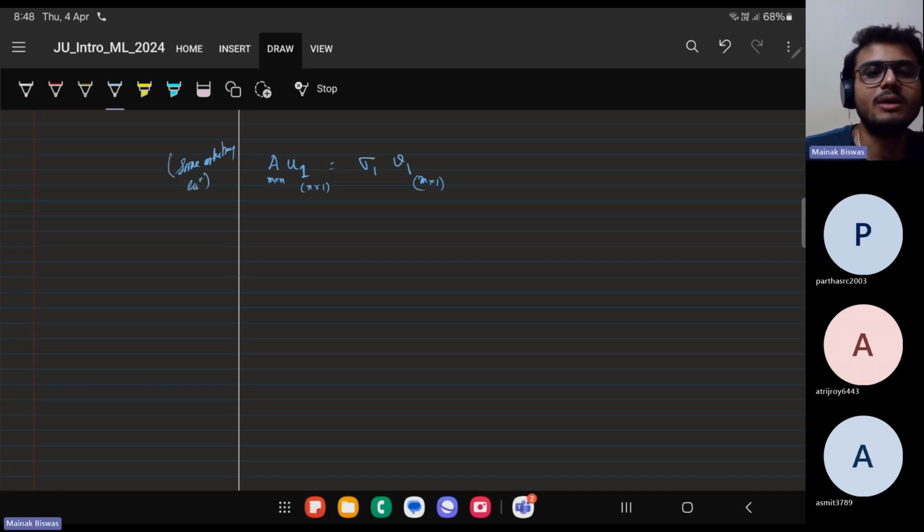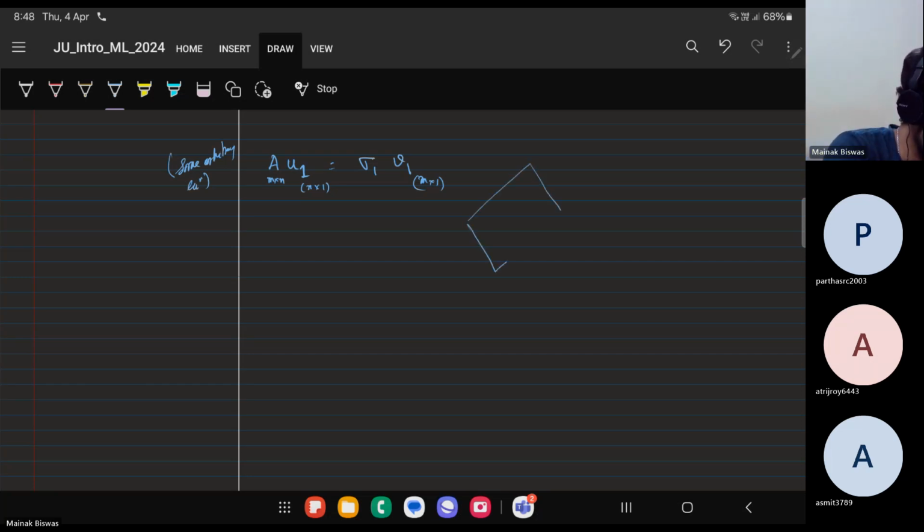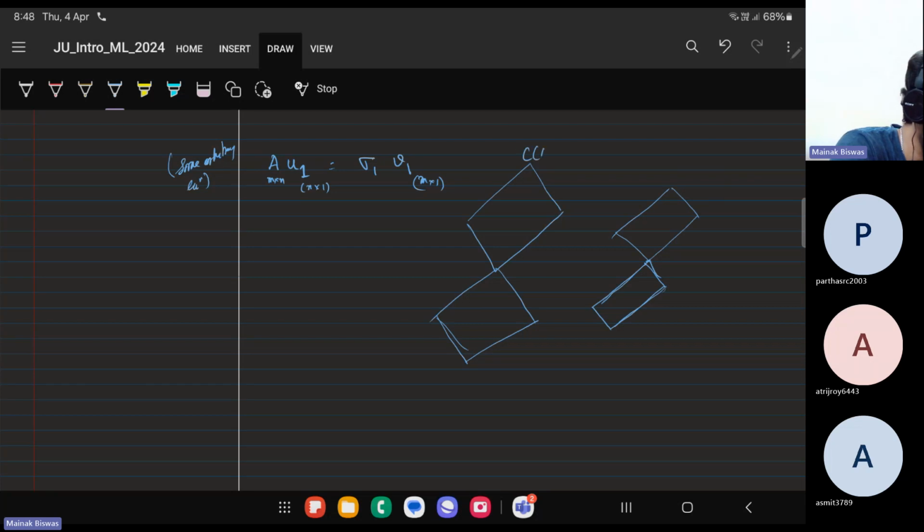Now my question is, what does it mean geometrically? First, let us define all the spaces properly and their dimensions. We say this is the column space of A. It is orthogonal to which space?